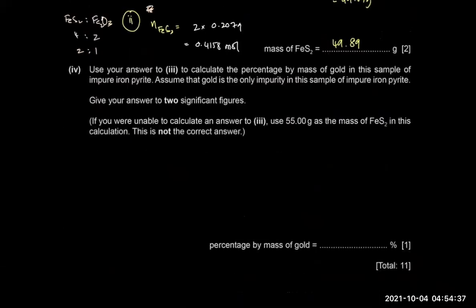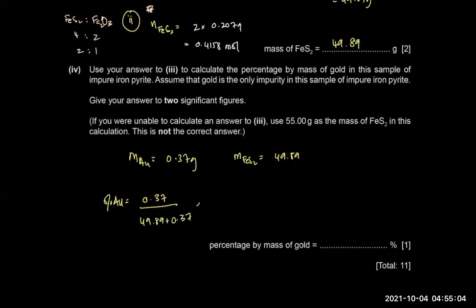So the percentage of gold is the mass of gold, I'll write this down. The mass of gold we have is 0.37 grams. And the mass of FeS2 that we have is 49.89. So the percentage of gold is 0.37 divided by the total mass, times 100.